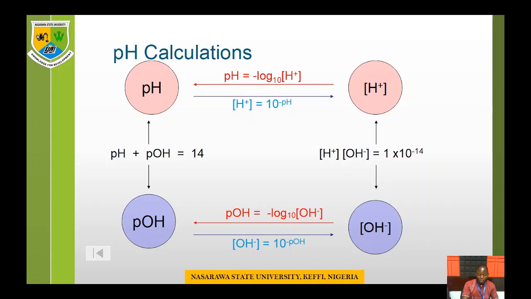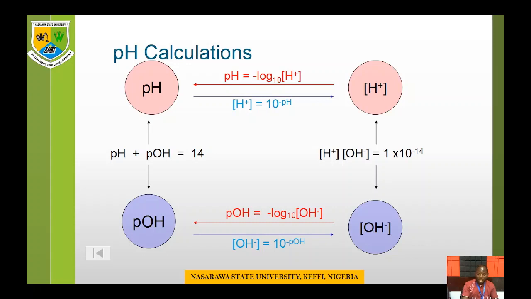While pOH itself equals the negative logarithm to base 10 of the hydroxyl ion concentration. So mathematically, pH plus pOH equals 14.